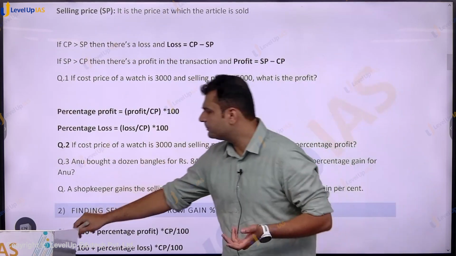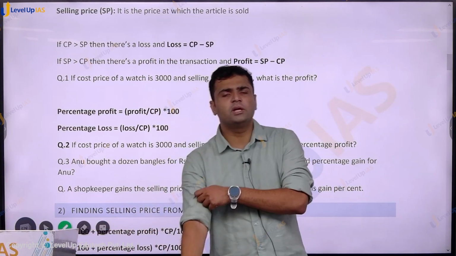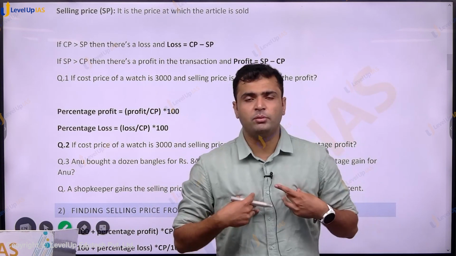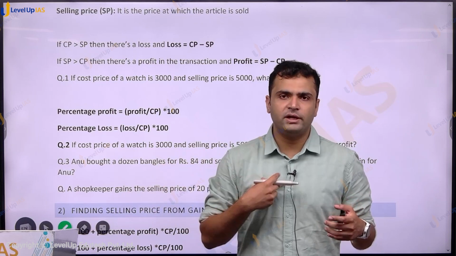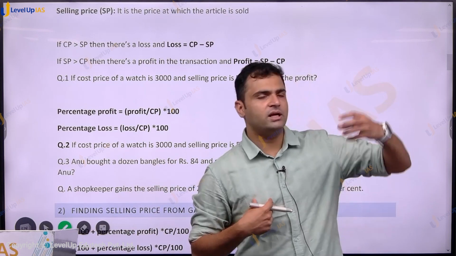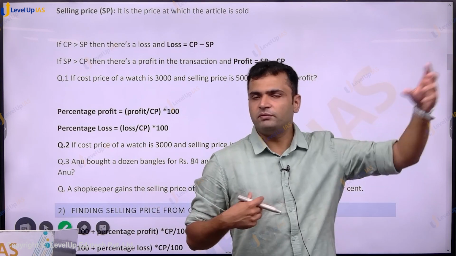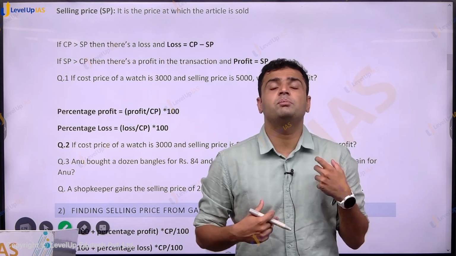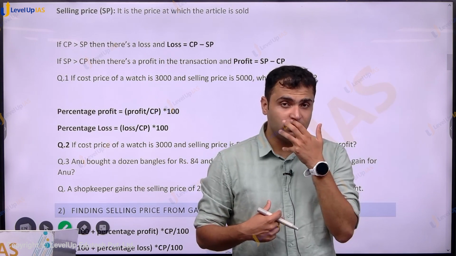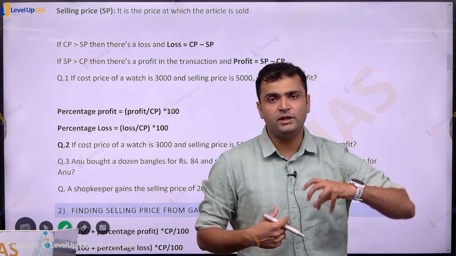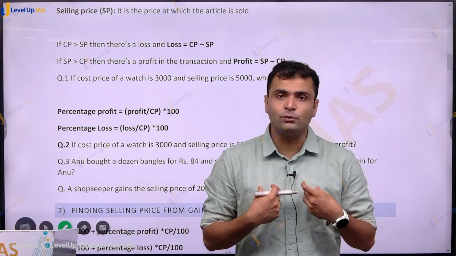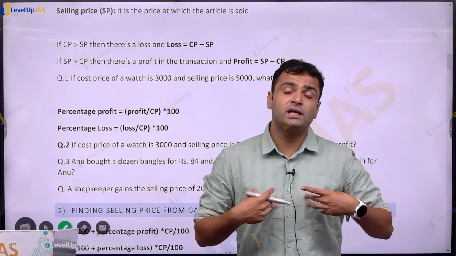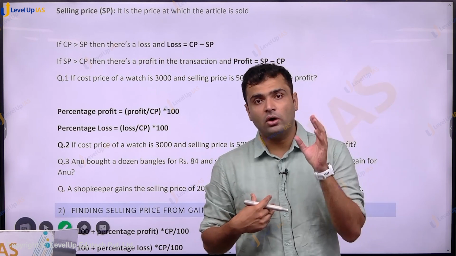And similarly, percentage profit, if you are looking at it from the perspective of the shopkeeper. A shopkeeper buys a certain item, so it is his cost price, and sells at a certain other price. The difference between them is the profit. But what is the percentage profit that he has? Percentage profit is the absolute profit divided by my cost price, because whatever profit I receive will be on the base of cost price.